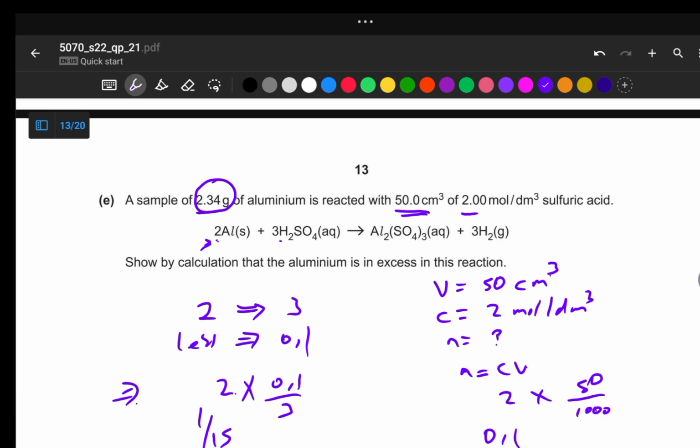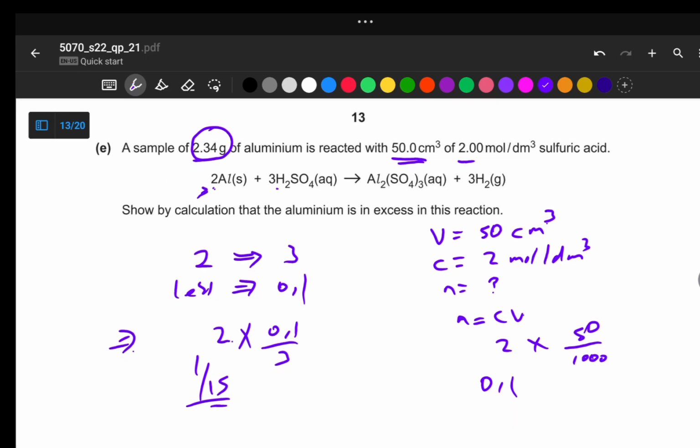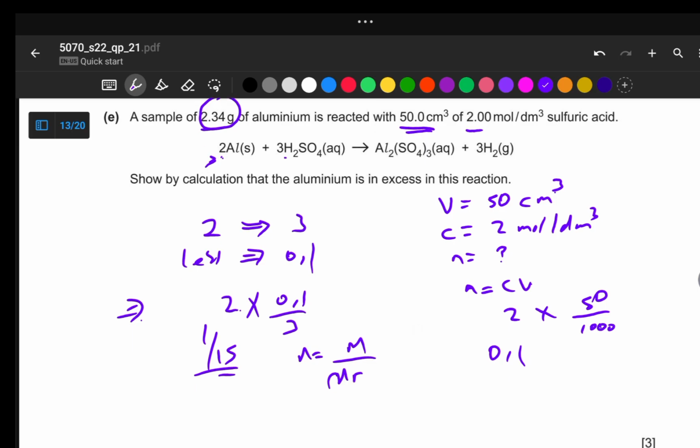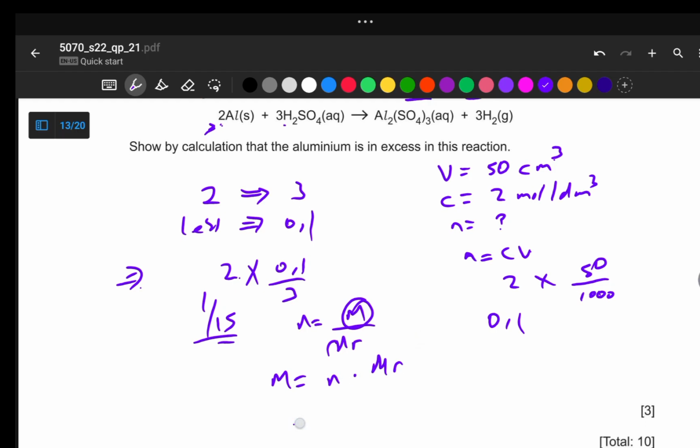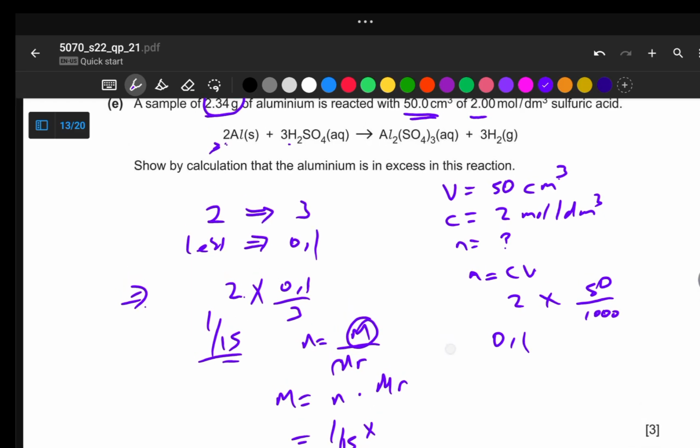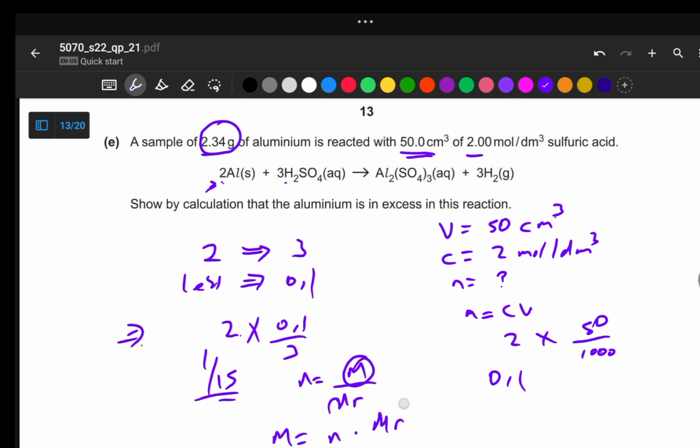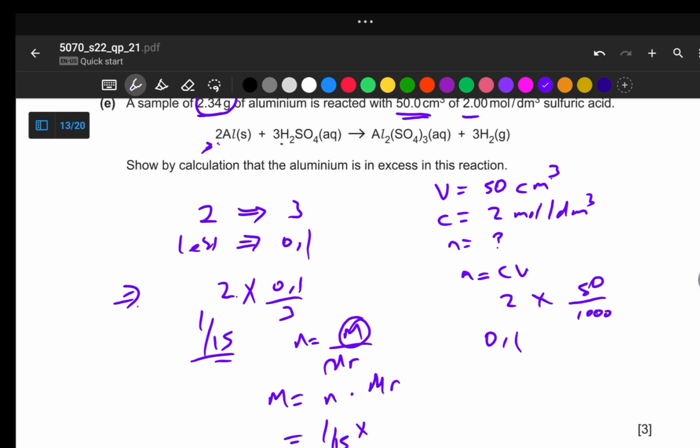So this is the number of moles for the aluminium metal, right? So N is equal to mass over Mr, right? So we want to find M. So we make M the subject of the formula. So M is equal to N multiplied by Mr. So our N is 1 over 15 multiplied by the Mr of aluminium. The Mr is 27.